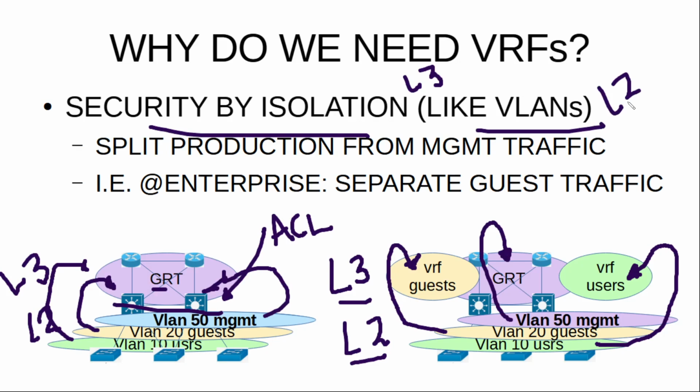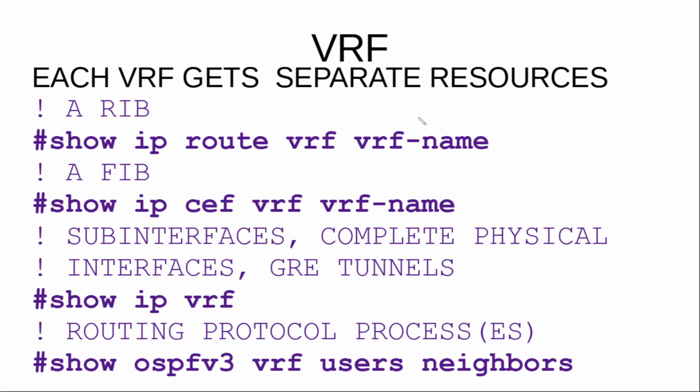So in this sense, you can, for instance, completely separate production traffic from management traffic, and you can separate guest traffic from corporate traffic, and so on. Each VRF will get its own separate set of resources. When you create a VRF, it will automatically be assigned a RIB and a FIB.